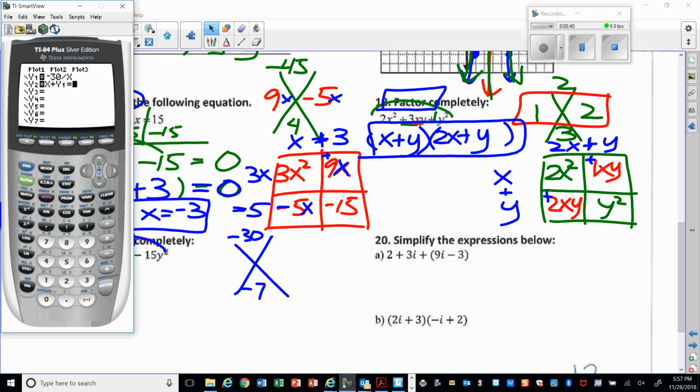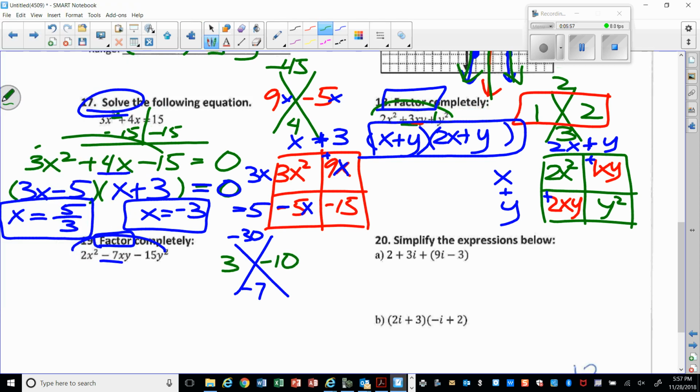I just want them to add up to negative 7. And then when I go to look at the table, I'm looking for a 1. There it is. So 3 and negative 10. 3 and negative 10 multiply to be negative 30 and add to negative 7. So I'll go ahead and do my box.